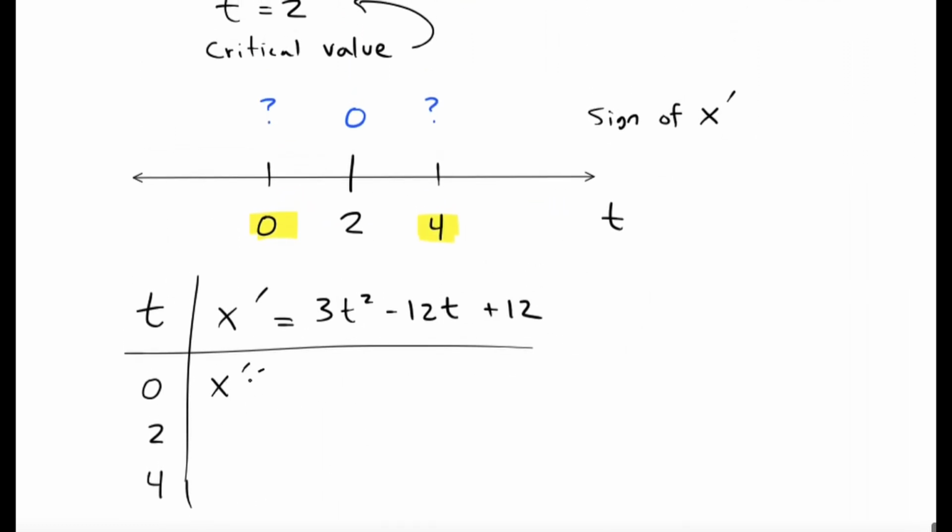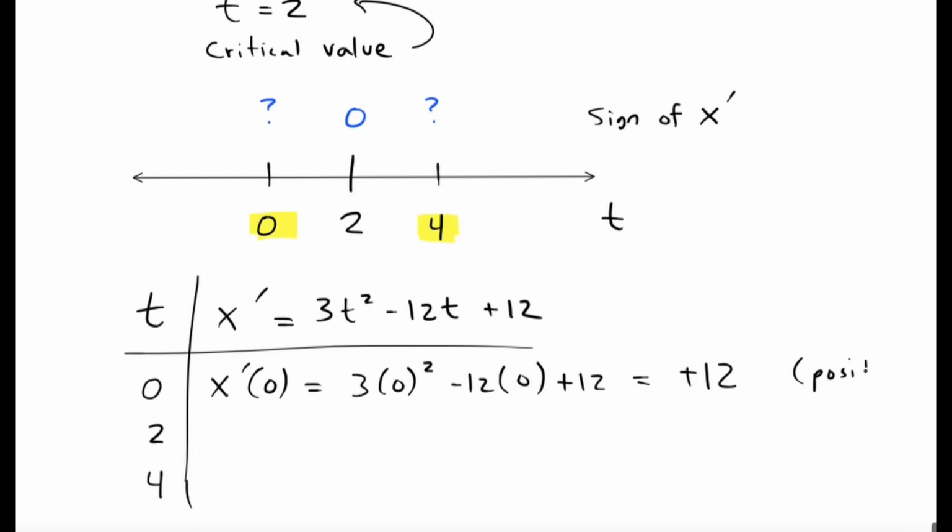And let's find x prime of 0. It's positive. So our derivative then has a positive sign here.